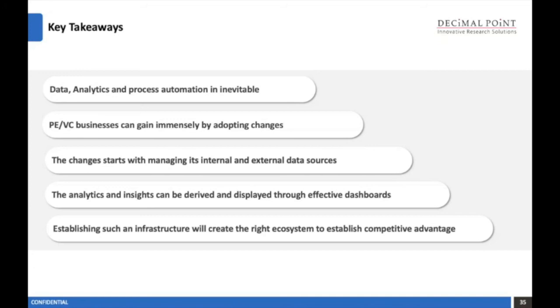And the change really starts by reviewing internal and external data, and then having an ecosystem to capture it efficiently.